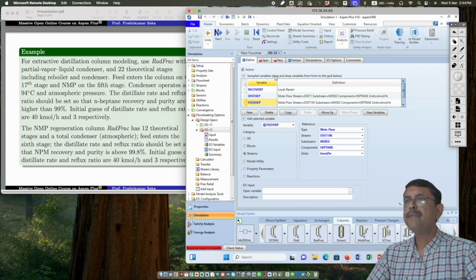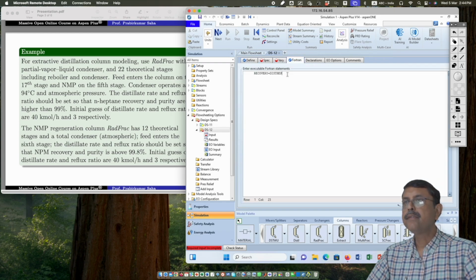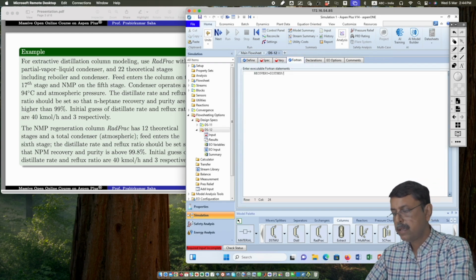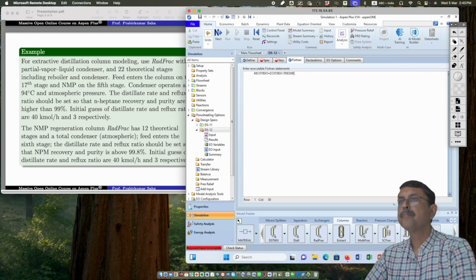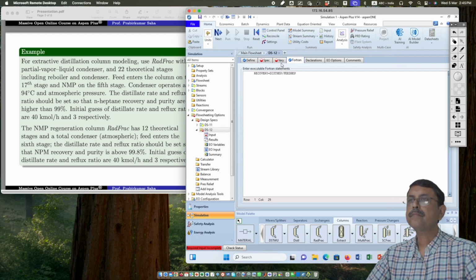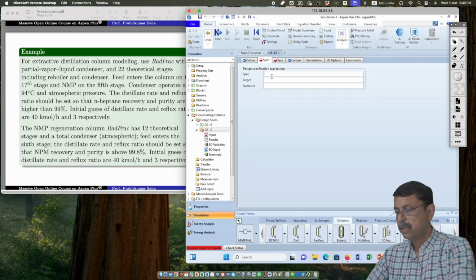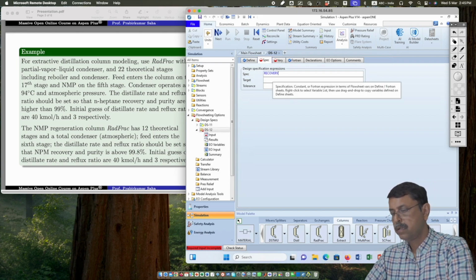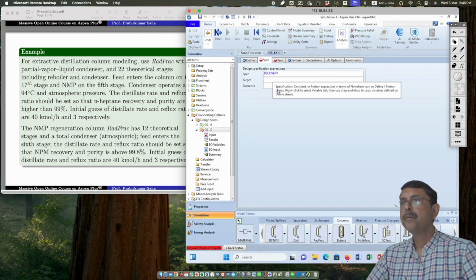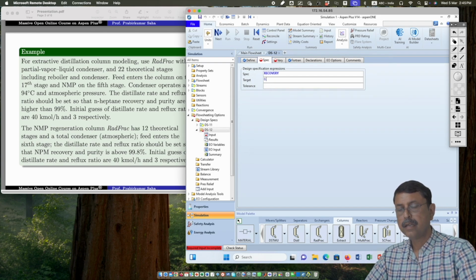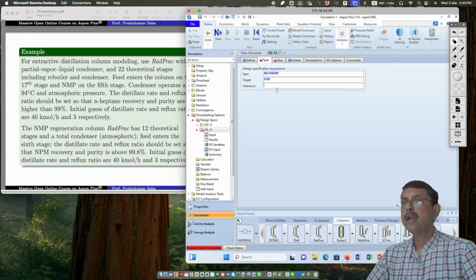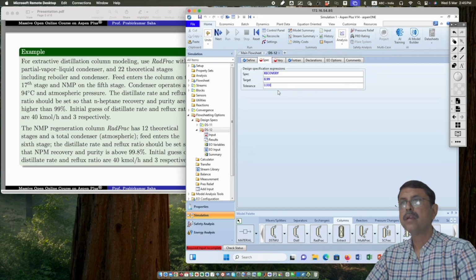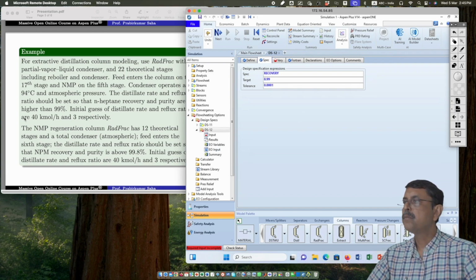Dist hep by feed hep. And recovery should be 0.99 with this tolerance. So both of them are 99%.